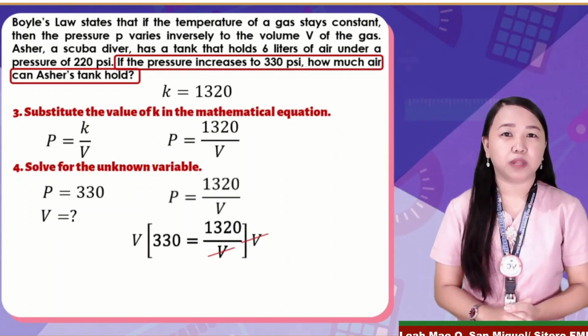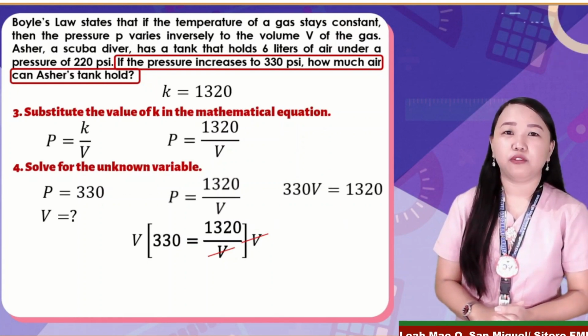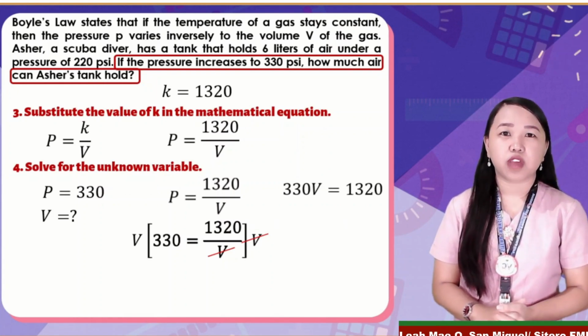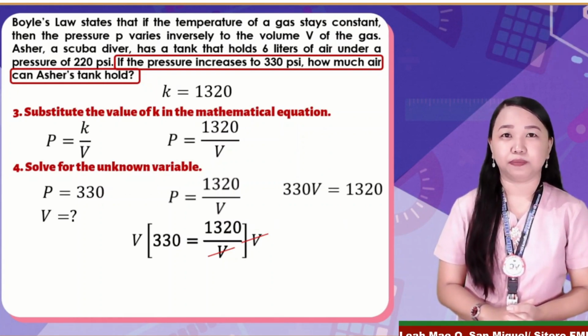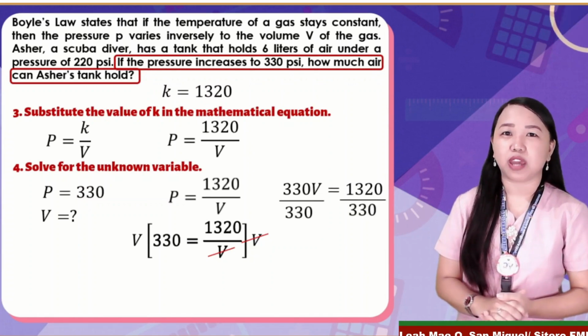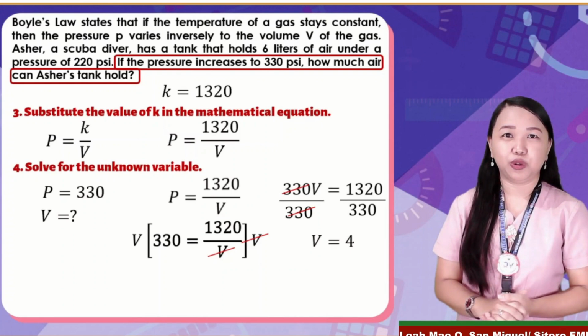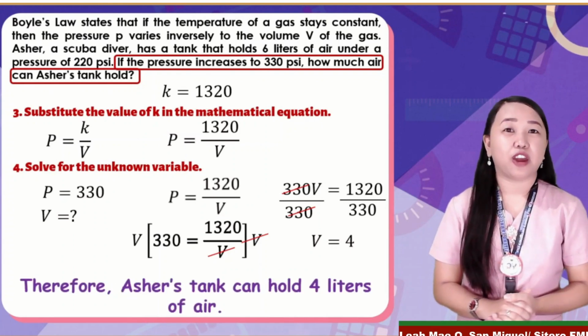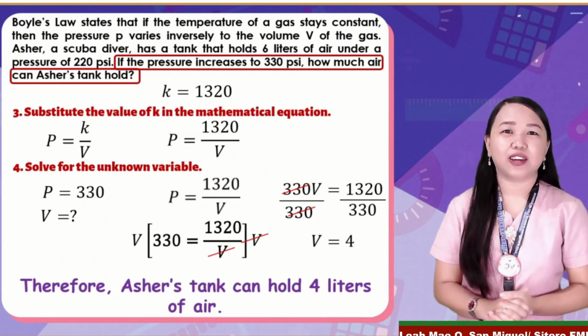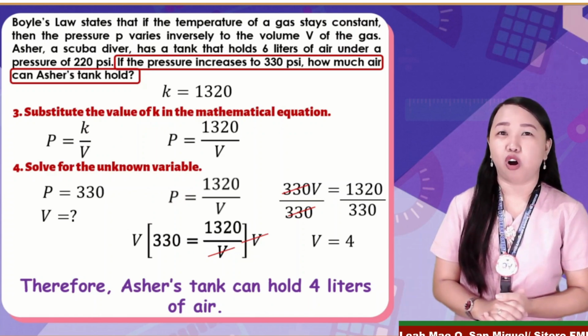The equation will be 330V is equal to 1,320. Divide both sides by 330. V is equal to 4. Therefore, Asher's tank can hold 4 liters of air.